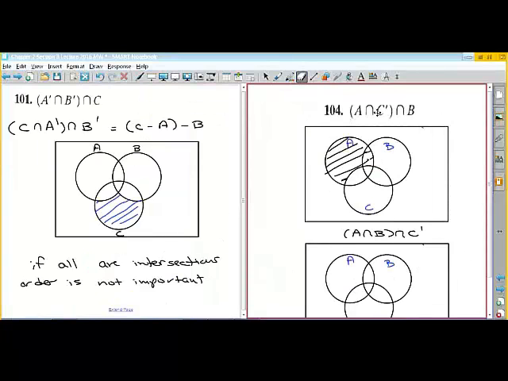C prime? Yeah, C prime is everything outside C, but what I did in this case is instead of doing A intersect C prime, I just did A minus C. They give you the same result. So that's what I did. I took A and then I erased C to get this result.